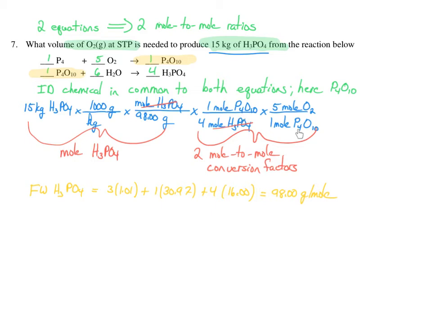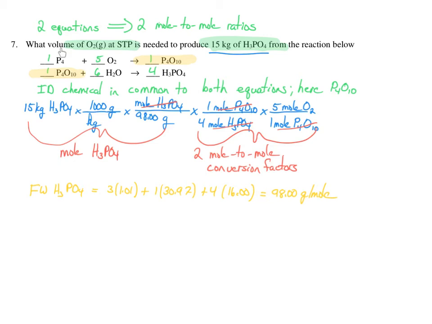The second mole-to-mole conversion factor is going to relate our common chemical to the chemical of interest. We know this is set up correctly because we've used the appropriate coefficient values, and moles of our common chemical cancel out. We end up with moles of our chemical of interest, oxygen gas.